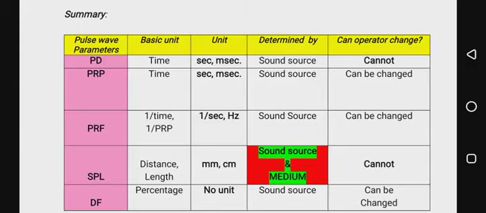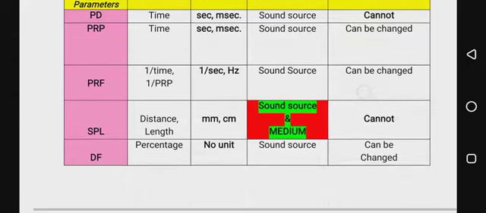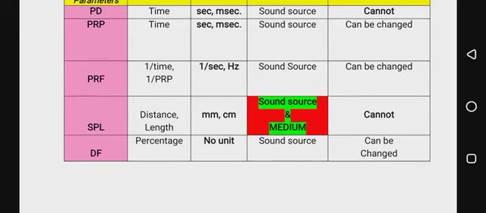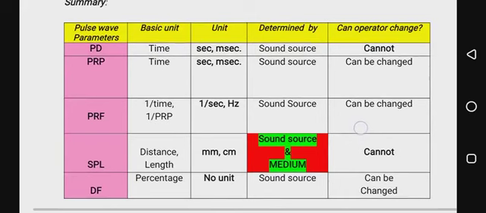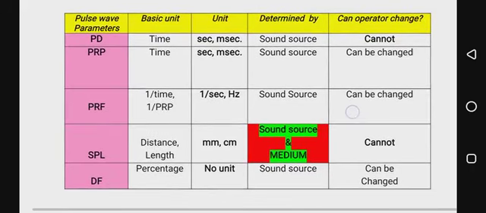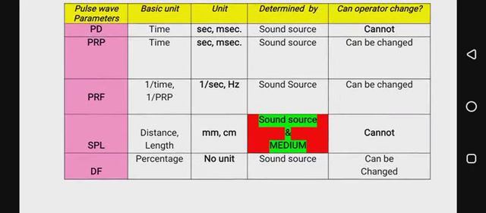You cannot change it. PRP is also a unit of time, determined by sound source, and the operator can adjust it. PRF is the inverse of time and measured in hertz, so it's determined by sound source and also can be changed.